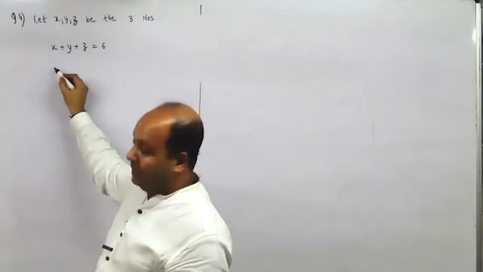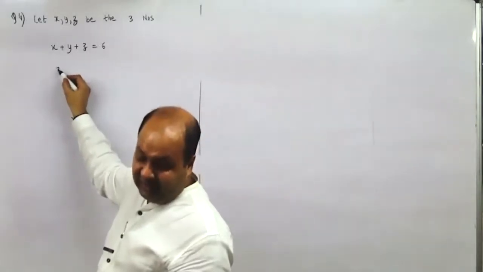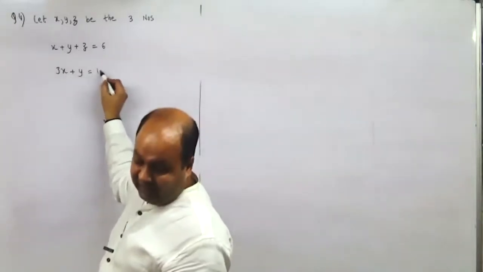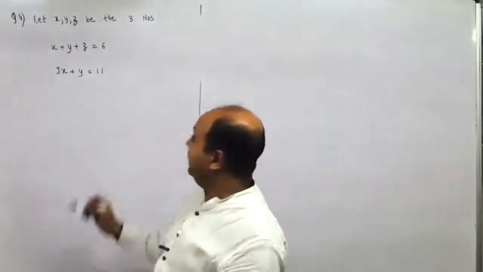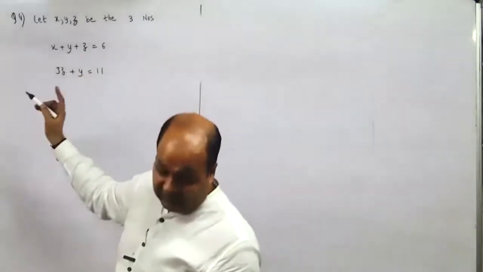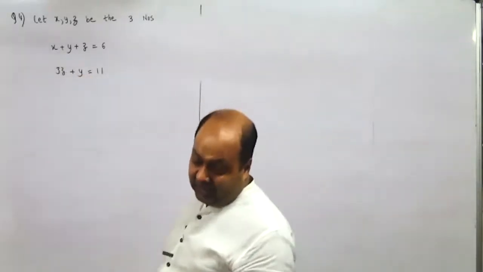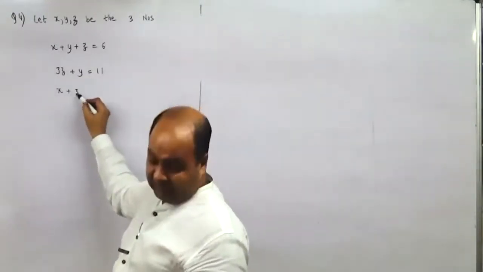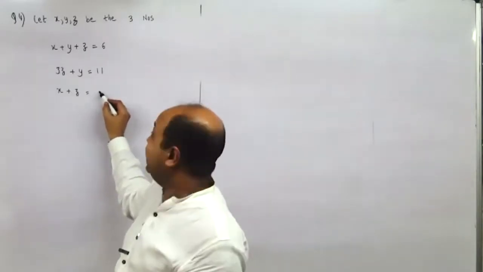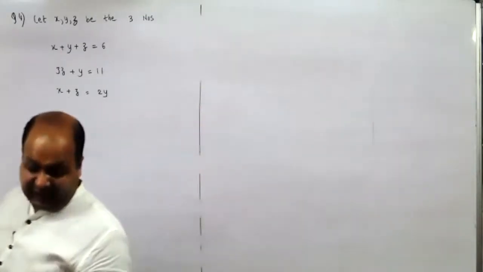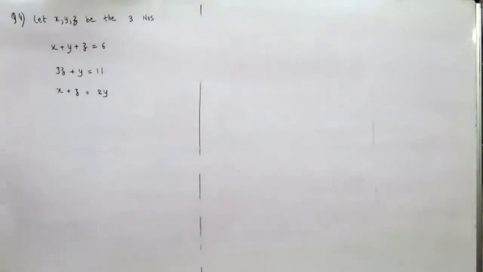If by adding the first and the third number, we get a number which is double the second number. Use the information and find a system of linear equations. So we have found a system of linear equations.